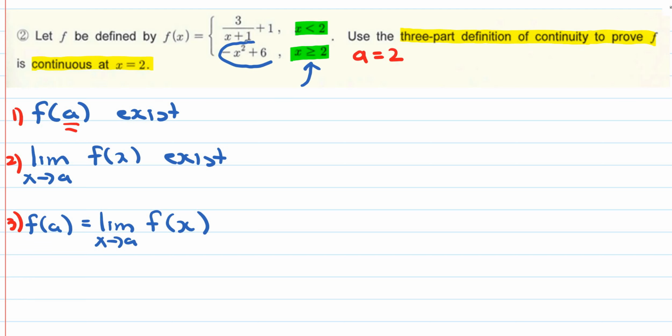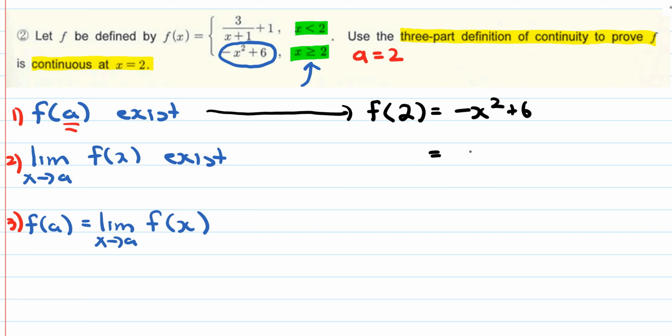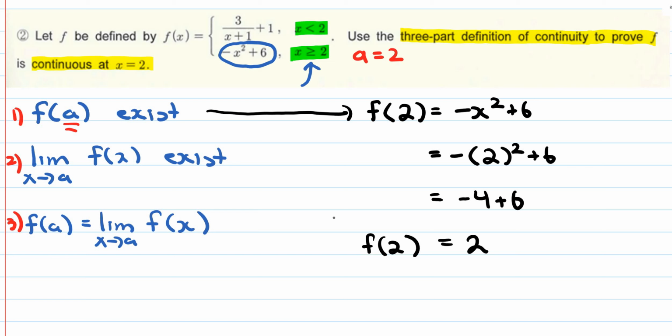So I plug in f of 2 into the function on the bottom, which is negative x squared plus 6, and evaluate. This will be negative 4 plus 6, which gives you 2. So f of 2 equals 2. That is part 1.